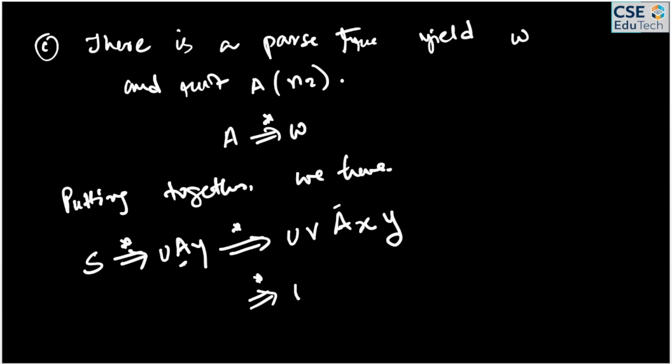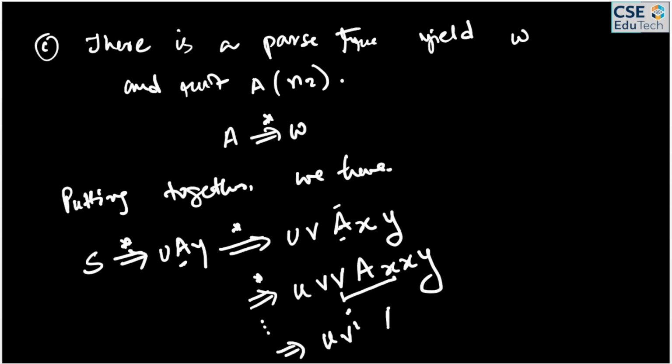then it will look like this: u v v A x x y. That means we substitute this by this, and ultimately we obtain u v to the power i A x to the power i y, and finally u v to the power i w x to the power i y.